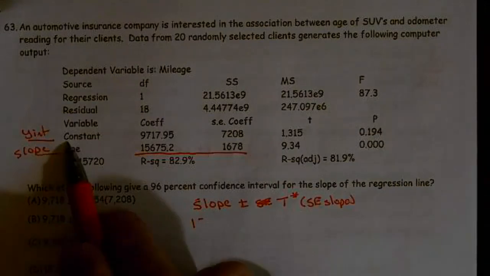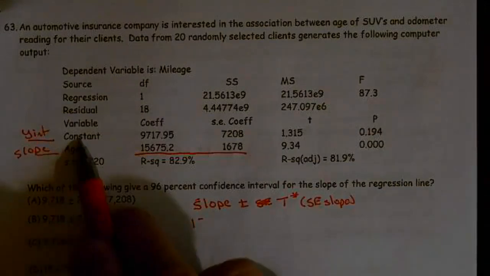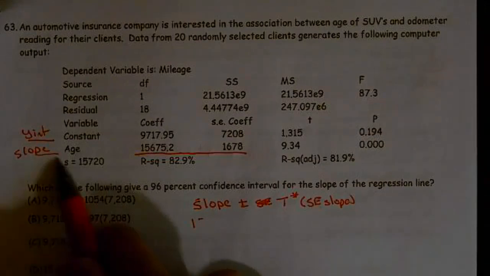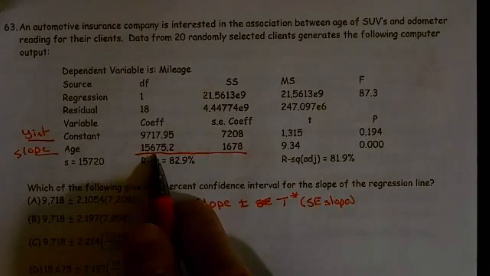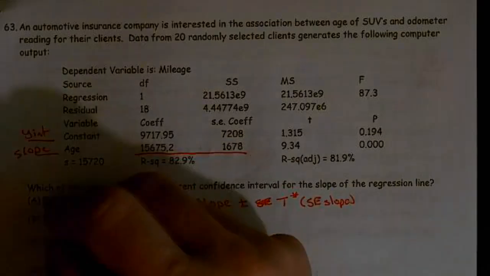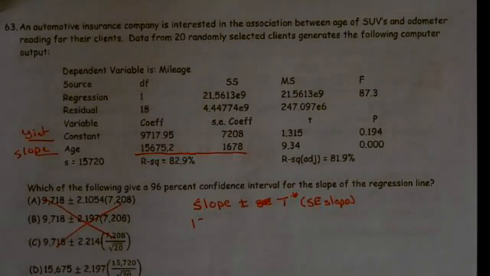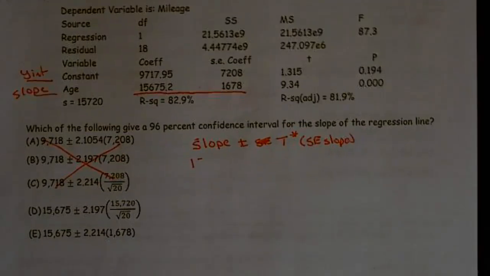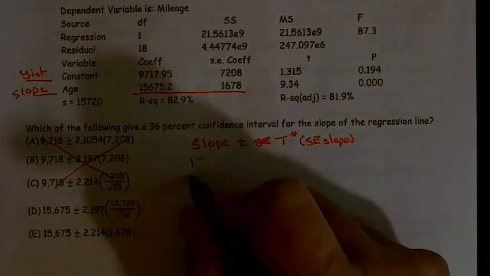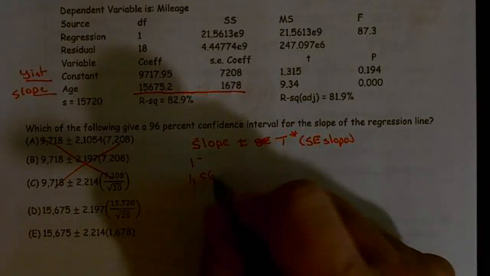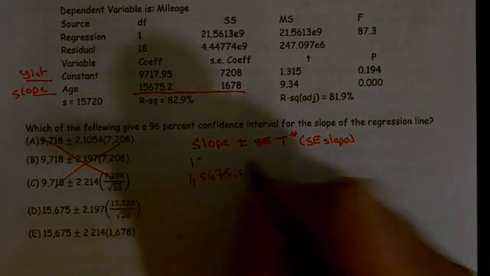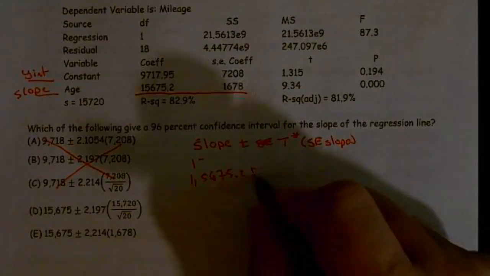Well, there's my y-intercept row because of the word constant, so my slope row begins here. So that means my slope is 1,056.75. So that right away gets rid of those first three answer choices. So we'll go ahead and write that down. 1,056.75 plus or minus, we'll come back to t star in a moment.